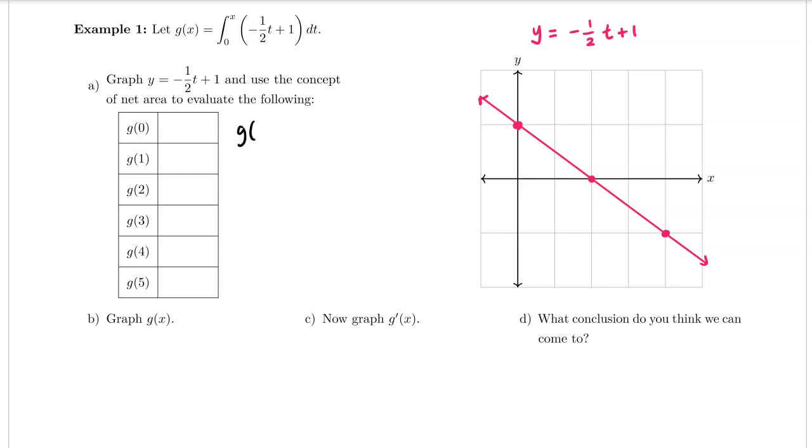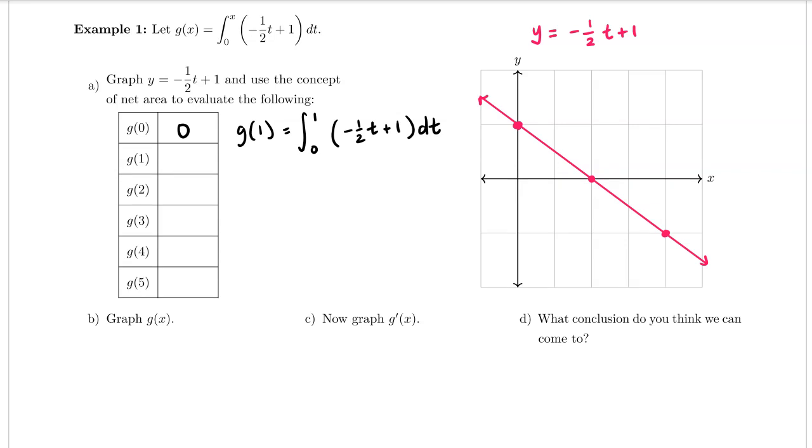So if I wanted to evaluate g(0), that would mean that I am evaluating the definite integral from 0 to 0 of negative 1/2 t plus 1 dt. Now, in a previous section, we learned that when we're calculating a definite integral and the limits of integration are the same number, then that means that we have 0 as an output.